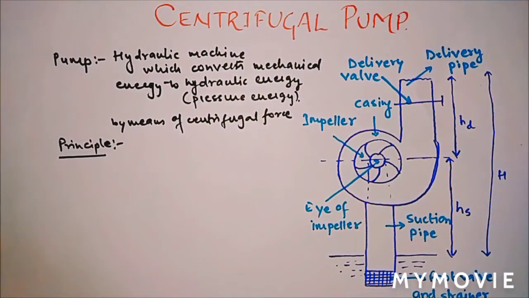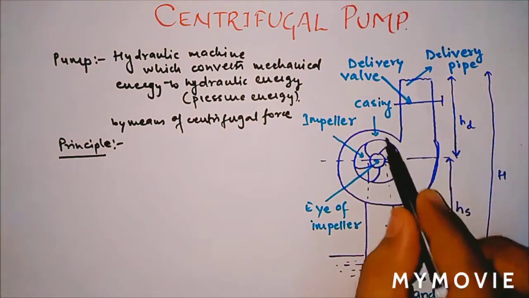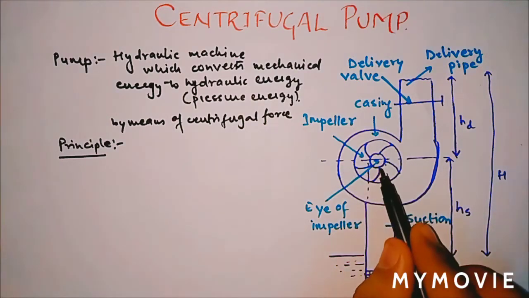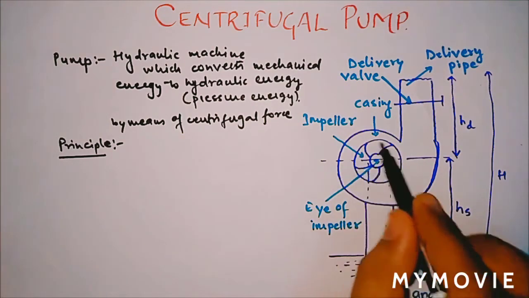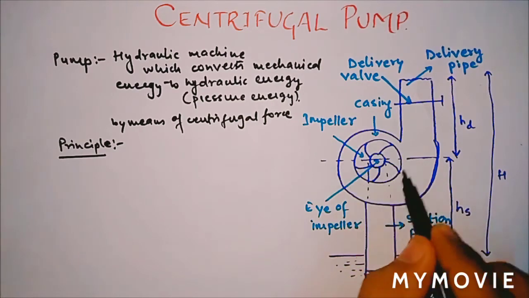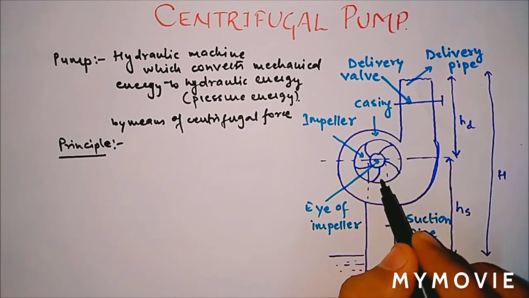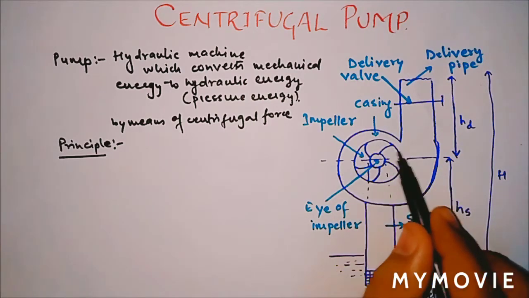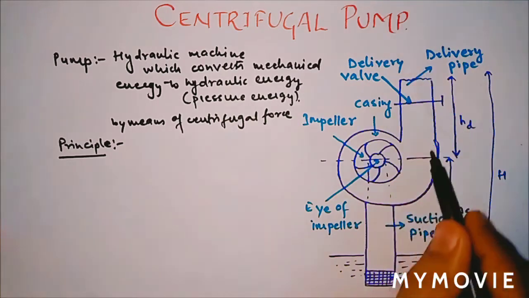The principle of centrifugal pump says that the rise in pressure head that we get here, okay, the water will be filled here with the help of suction pipe, and with the help of this impeller, the water will be rotated, by which it will get velocity, and that velocity is known as tangential velocity. Finally we get out here the pressure head.